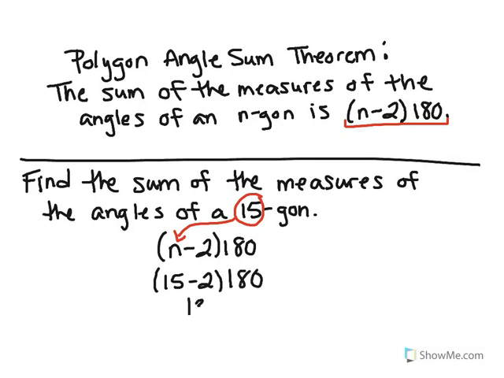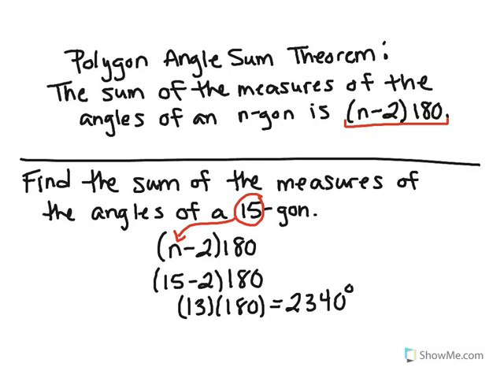And that's going to give me 13 times 180, which is equal to 2,340 degrees. So in any polygon that has 15 sides, you're looking at an entire sum of measures of 2,340 degrees. And that's a lot.